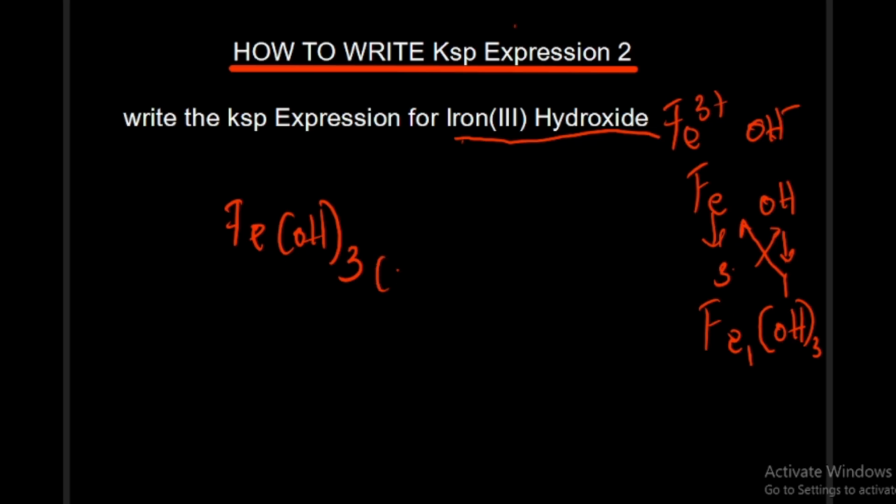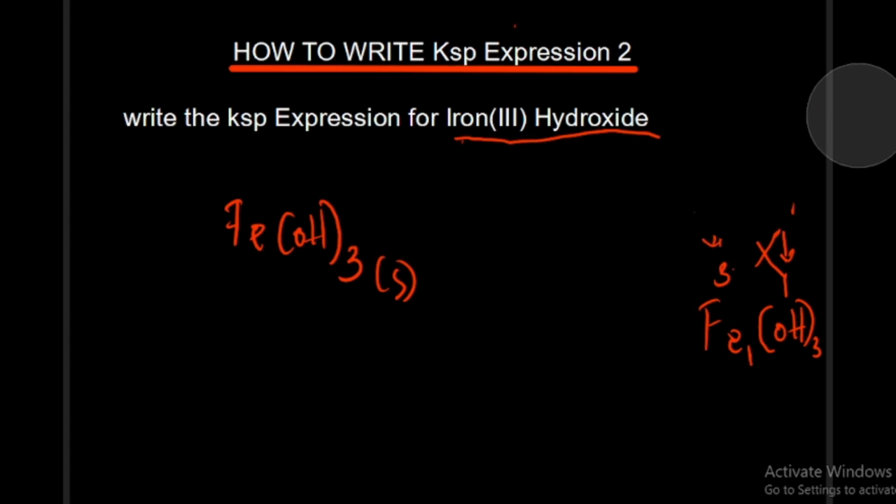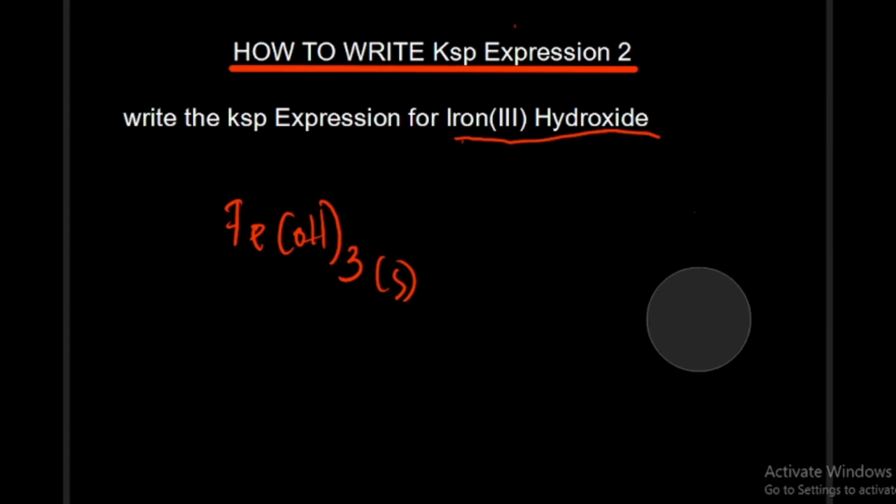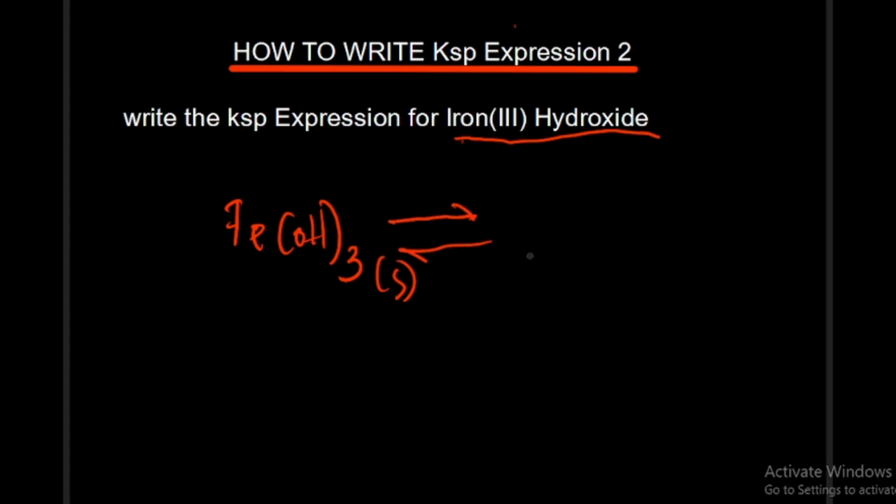This is called iron(III) hydroxide, and it is a solid. So let me write this out. Iron(III) hydroxide gives two ions, which are Fe3+ and OH minus.